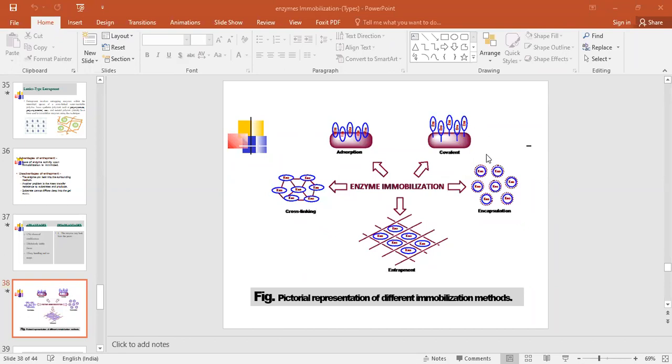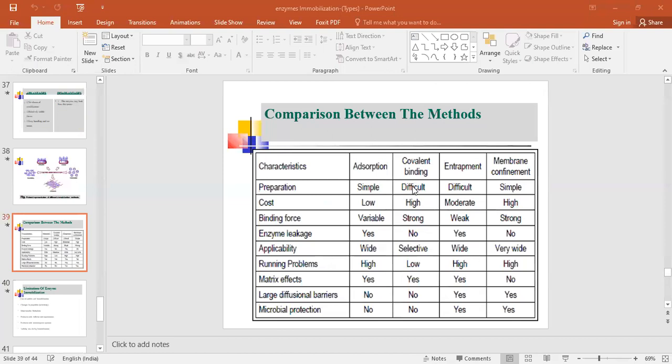Okay, so we have covered all these types of immobilization. So the comparison is given in between these methods. You can go through this chart, so that if you read this chart, you can easily understand what the types are and what the difference is between each and every type. Okay. Yes. You can go through it.